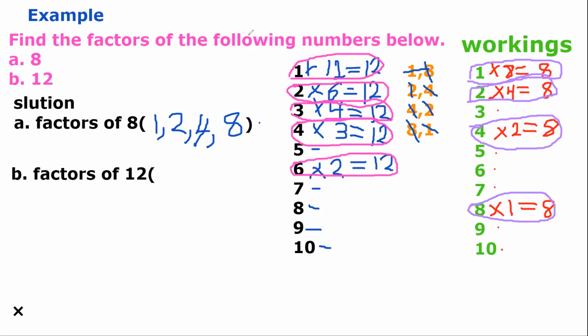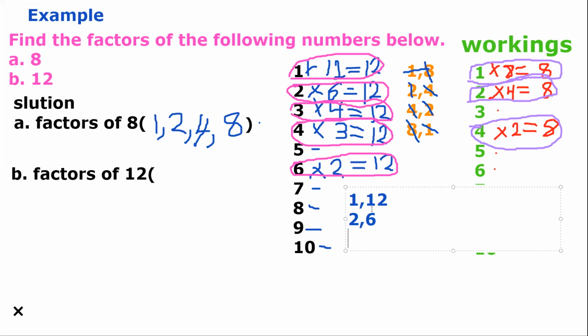Now I'm going to list the numbers that give us 12. Let me list them here. 1 and 12 also gave us 12. 1 times 12 will give us 12. 2 and 6 were able to give us 12.